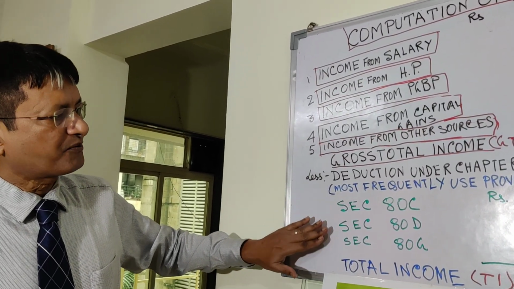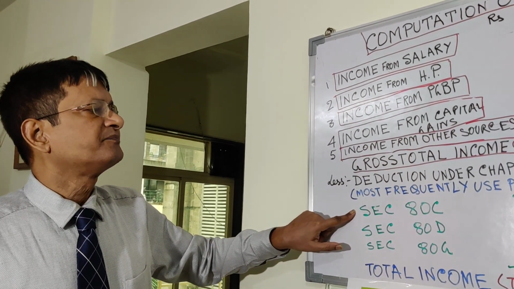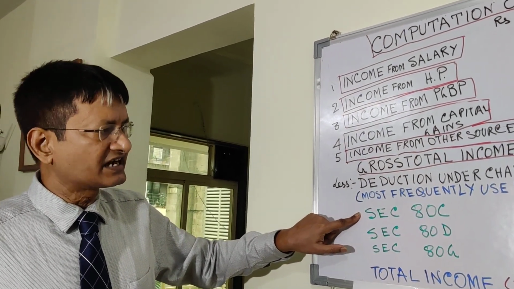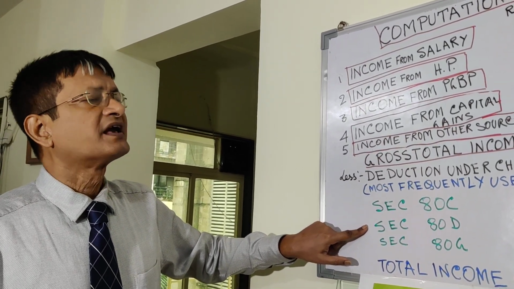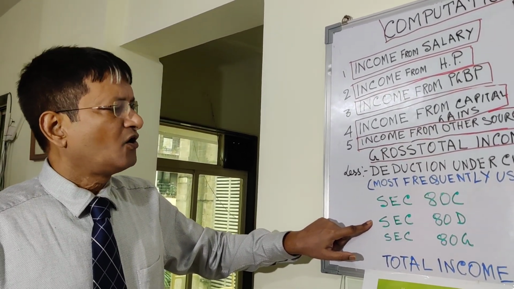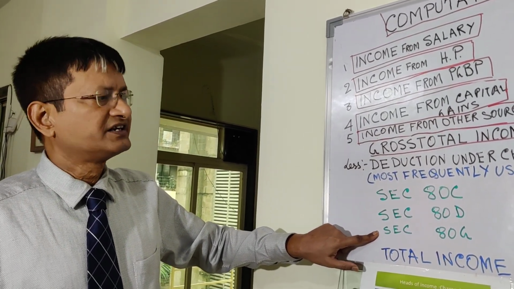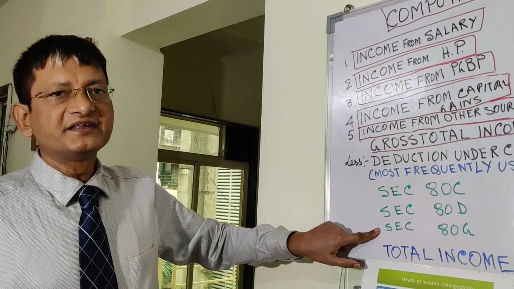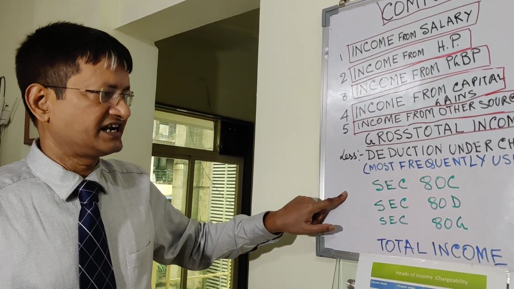So these 3 provisions you need to know: which investment is eligible for 80C deductions, which expenses is eligible for 80D deduction, what donation eligible for 80G deductions, what will be their limit. All these things we need to understand here.